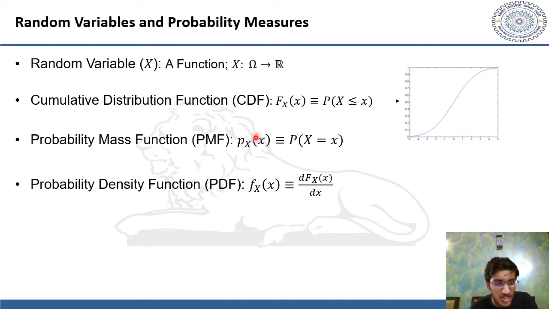In the case of discrete random variables, however, we can define simpler measures as compared to the CDF. Because in the case of CDF, we would be required to quantify the probability of this random variable taking on all the values less than or equal to a particular value x in the real space. However, in the case of discrete random variables, a given random variable can only take on a particular value from a given finite set of values, which have already been defined beforehand.